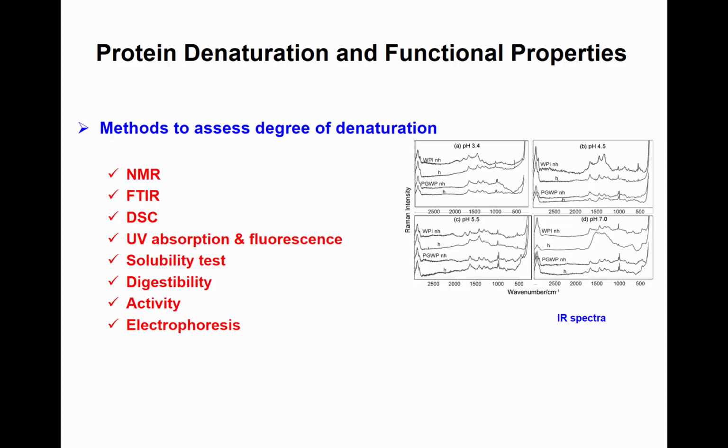Functional groups on a protein will change when the protein is denatured. So it can detect beta sheet changes, alpha helix changes, random coil changes, because you will have different spectra. I'm not going to go much into detail.